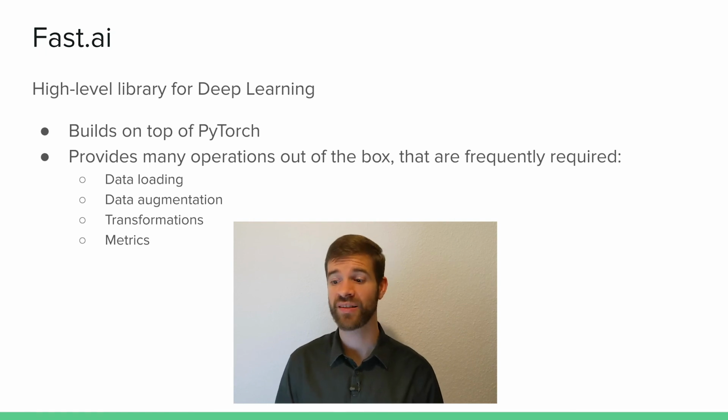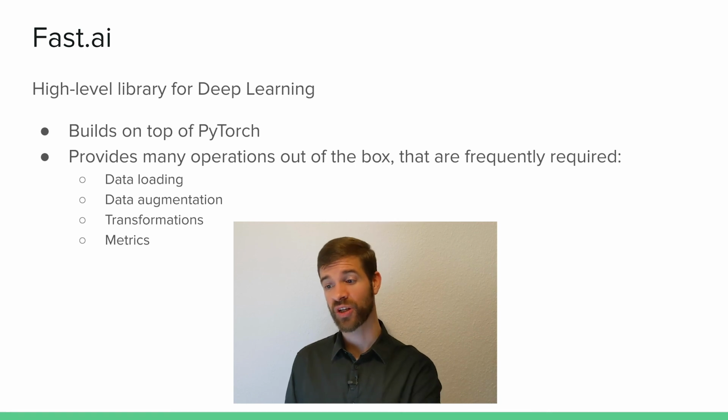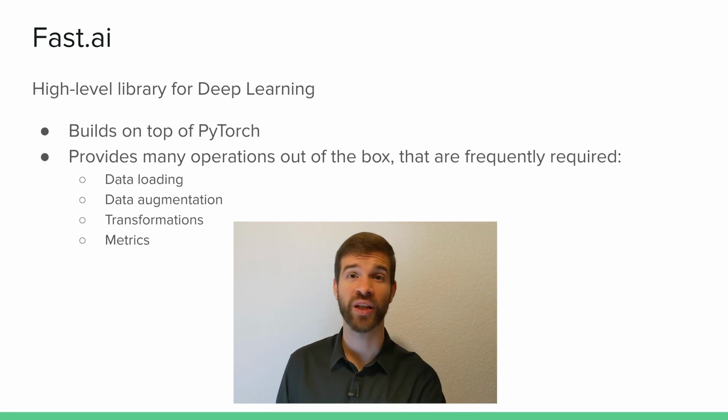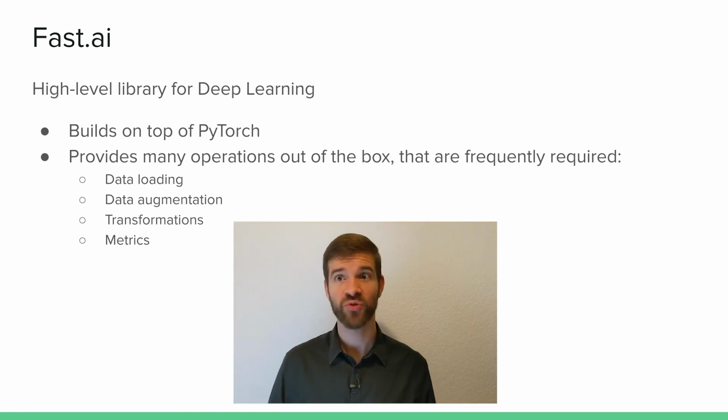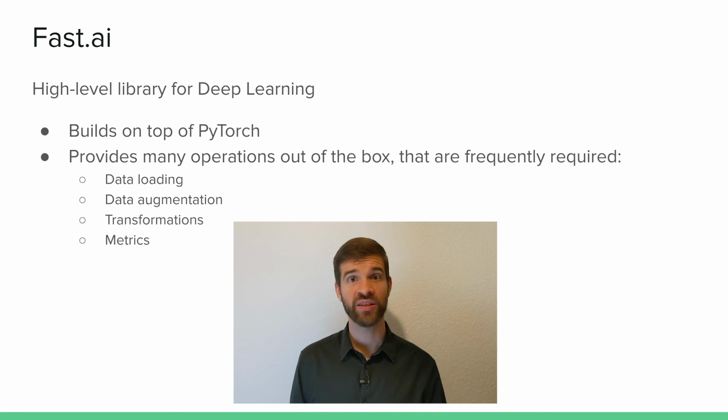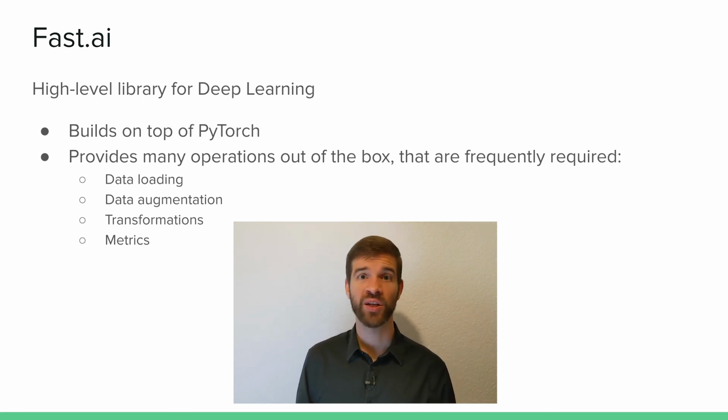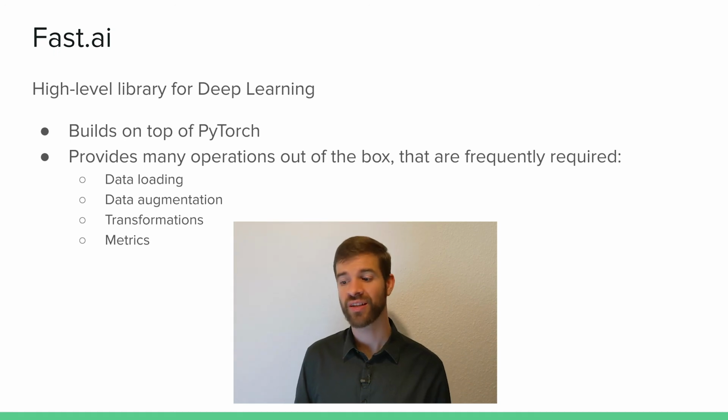People are writing data loaders over and over again. So what you can do here is take the data loader that they've already written and tested, and that is proven to work and load your data efficiently, or some data augmentation if you're working with images. They already provide many of these things out of the box that you can use.